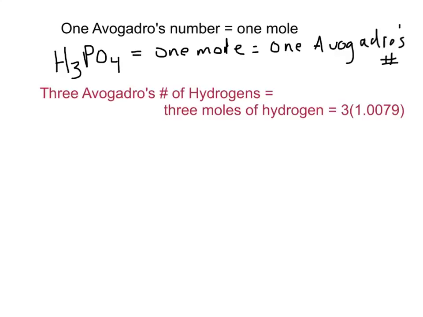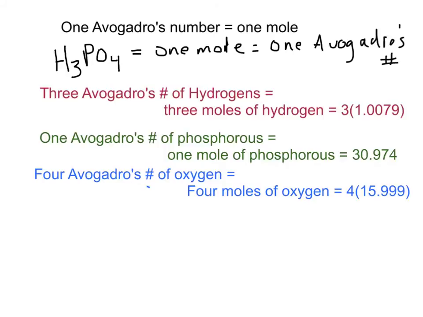So you'd also have 3 Avogadro's numbers of hydrogens, which would be equal to 3 moles of hydrogen, which would be equal to 3 times the atomic mass of hydrogen. We'd also have 1 Avogadro's number of phosphorus, which is 1 mole of phosphorus at 30.974.